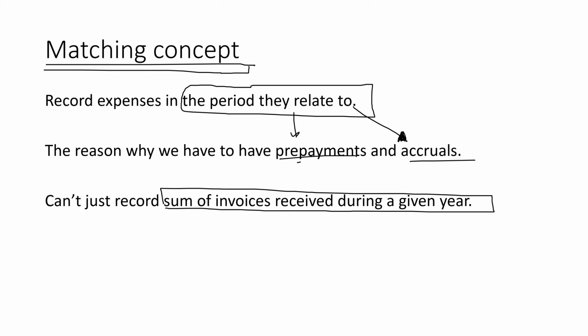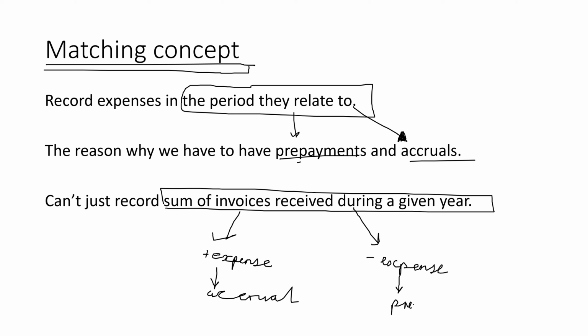We have to make adjustments to remove unwanted expense, to add any expense that relates to this year, and that we do with an accrual adjustment. Or we take away any expense that doesn't relate to this year, and we use a prepayment adjustment. Okay, let's explain that a bit more.